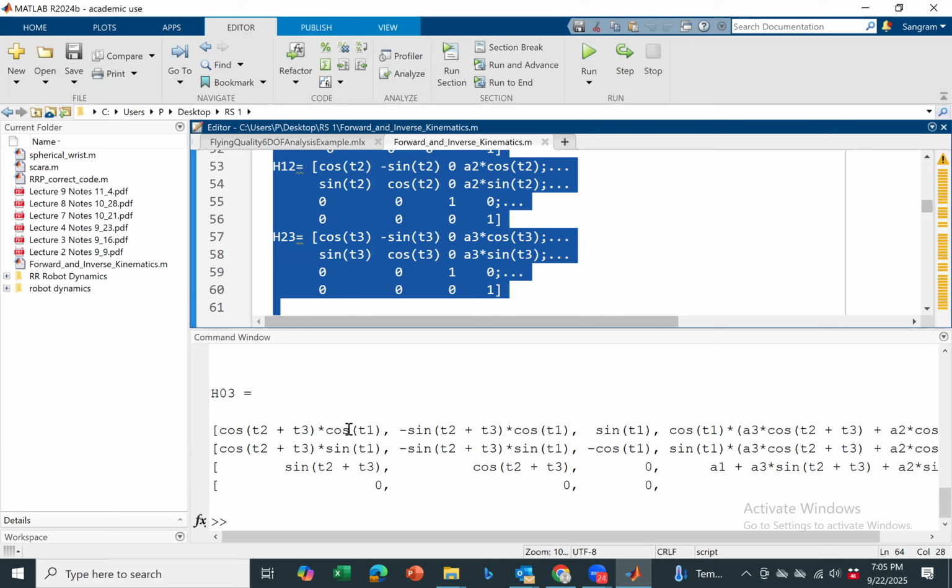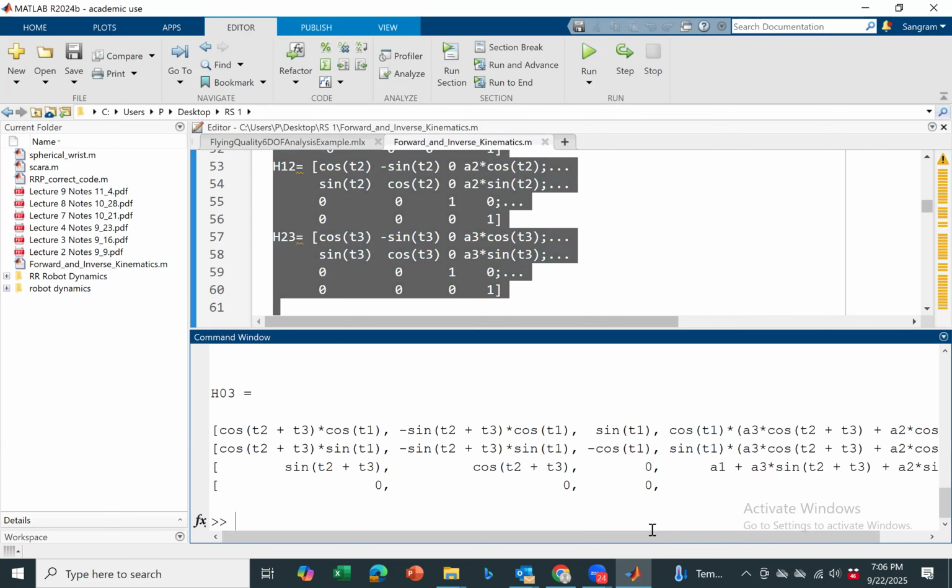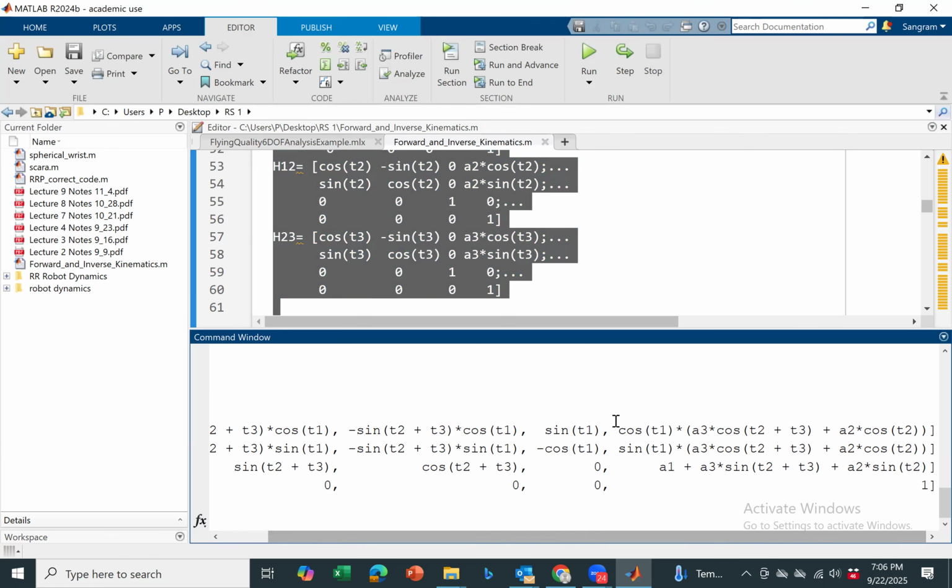So everything is with respect to the 0th frame. If you look at the last column, that gives you the forward kinematic solution. Can you see that this is Px, this is Py, and this is Pz? Do you agree with me?